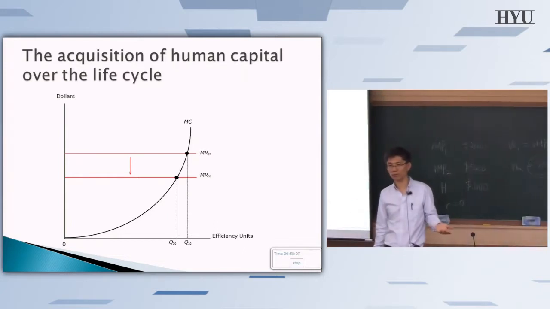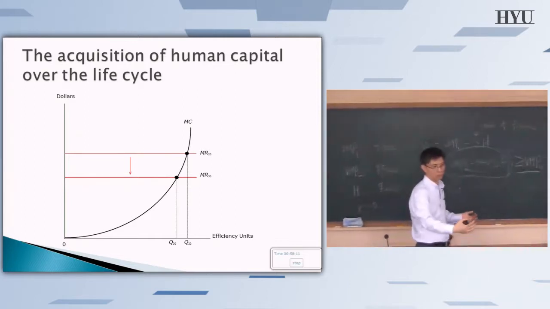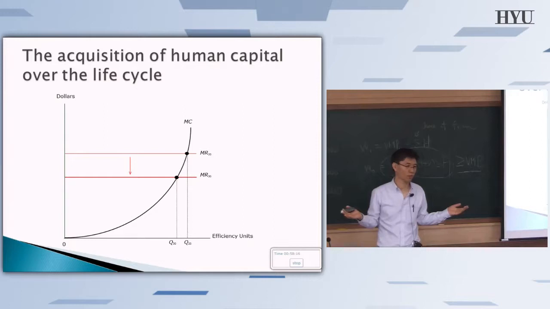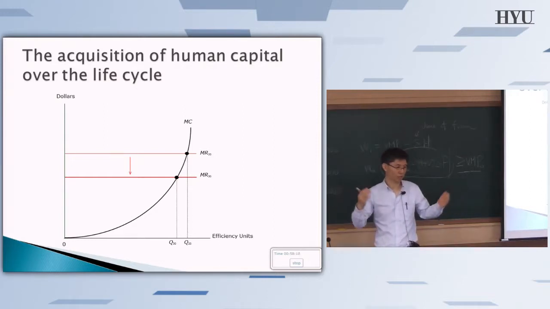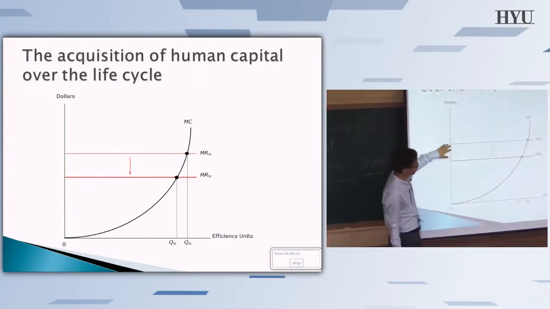You acquire the skill, you expect to use this skill for 20 years. But if you're old, let's say you expect to use this skill for only 2 to 3 years, you are unlikely to get the training. So this marginal return, the marginal revenue from the training, generally goes down when you get older.